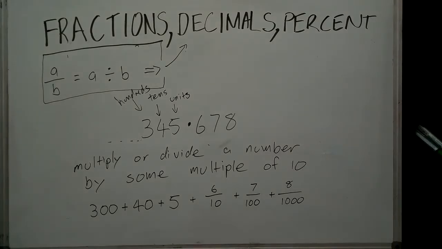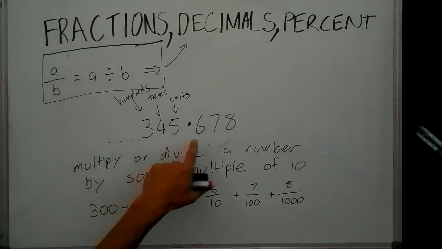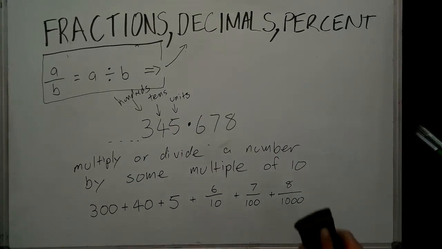So decimals are a way of representing numbers using specific fractions for the parts that are smaller than 1. Right.